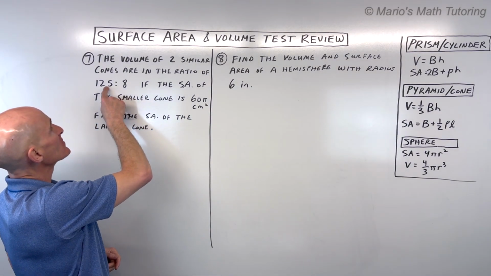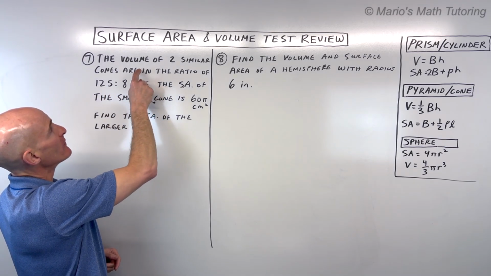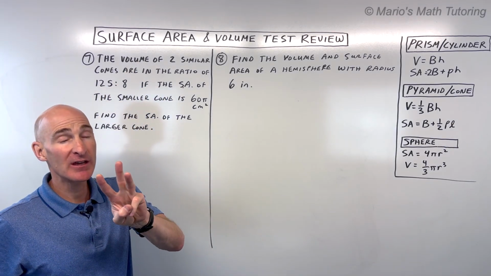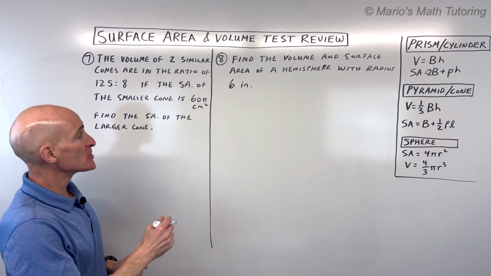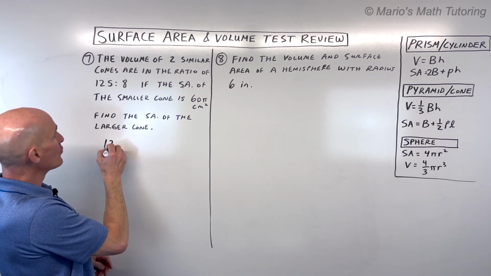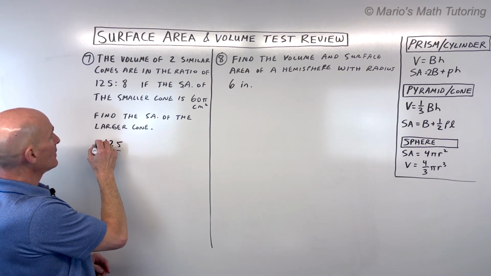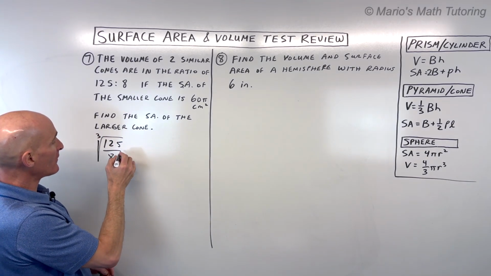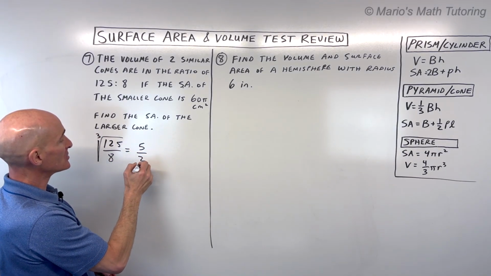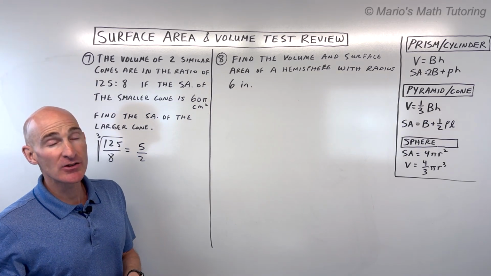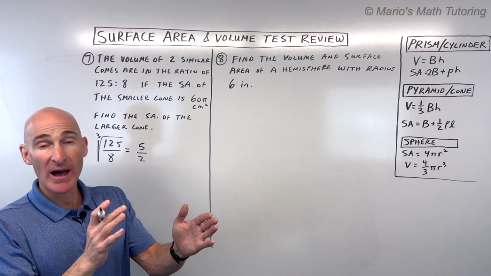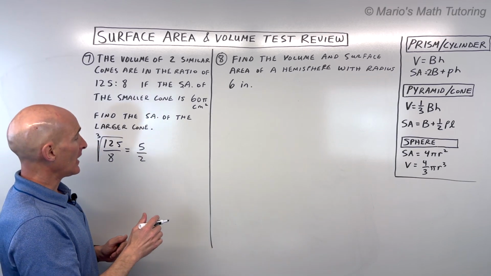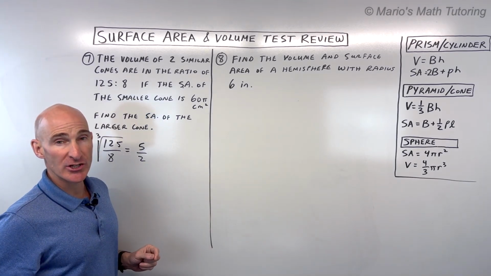Well, one thing that I notice is that this ratio is the ratio of the volumes. When I think of volume, I think of three-dimensional, right? So what I'm going to do is take the cube root of 125 over 8. The cube root of 125 over 8 is 5 to 2. Now 5 to 2 is the ratio of the corresponding side lengths, or the one-dimensional ratio.